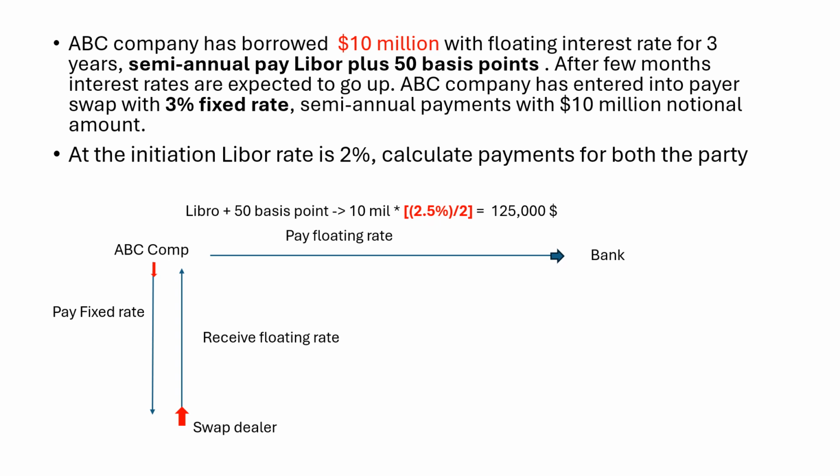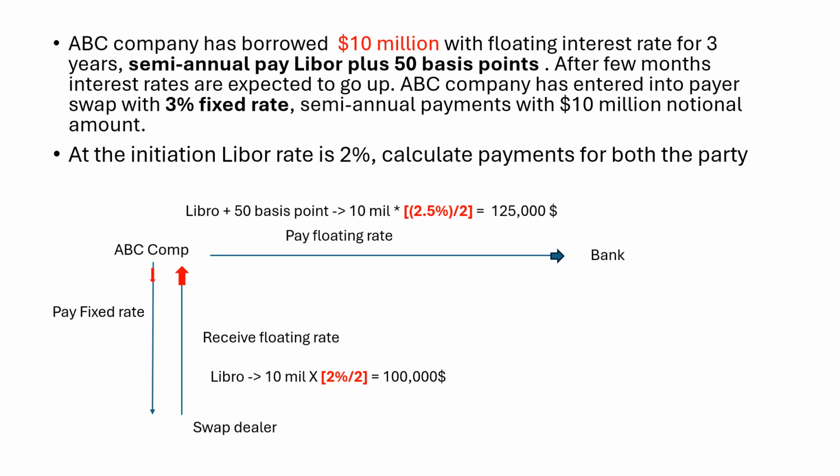Now how much is this ABC company going to receive from the swap dealer? They will receive just the LIBOR. So LIBOR, 10 million into 2% divided by 2, which is $100,000. And how much is ABC company going to pay to the swap dealer, which is the fixed rate? Now when the company entered into the pair swap, the 3% fixed rate was there and that is going to remain the same. The LIBOR rate will keep changing.